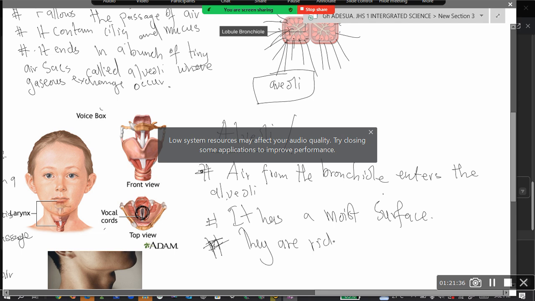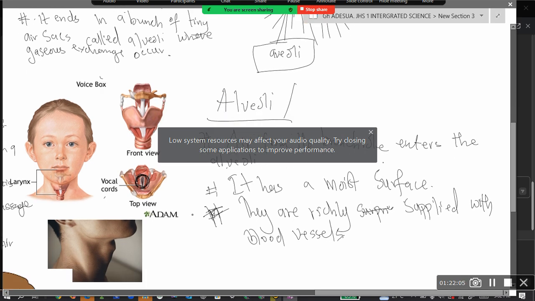They are richly supplied with blood vessels. They have a large surface area to ensure gaseous exchange.